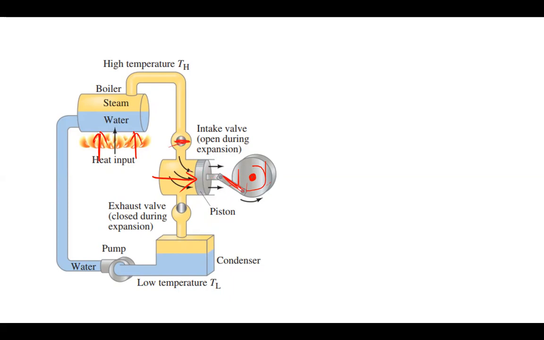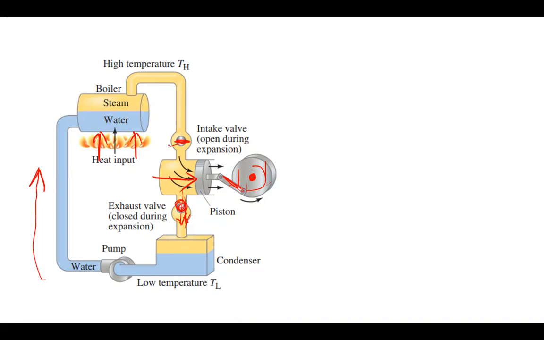Since the intake valve is closed, it leads to the opening of this valve here. When this valve opens, it allows the steam to go down to be collected in the condenser, to be condensed back to water. The water is then pumped back into the boiler, where it is boiled again into steam.